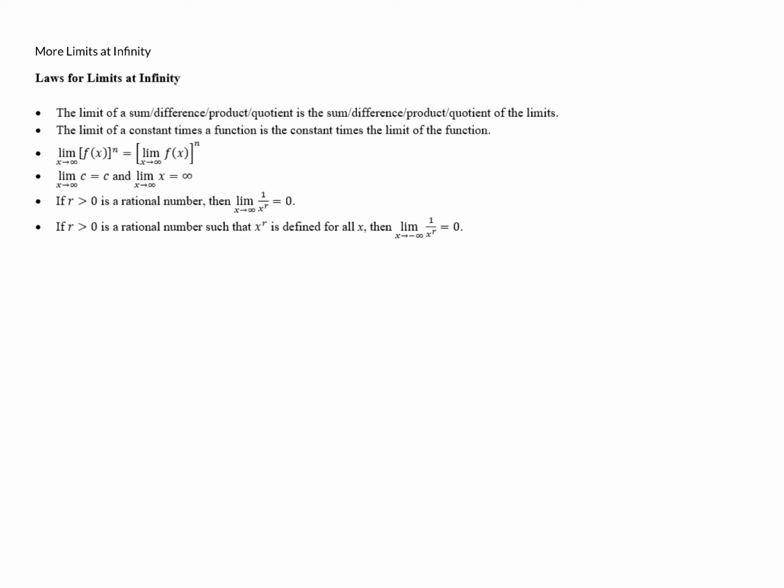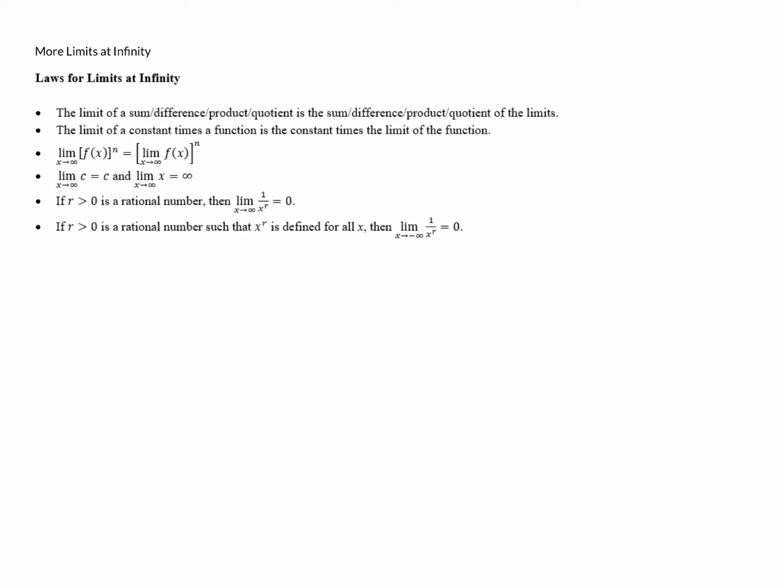Even if r is 1/2, that's 1 over the square root of x. That also has a limit of 0. Same thing with any positive rational value of r. And then similarly, if we want to look at the limit as x approaches negative infinity of a situation like this, the limit is still equal to 0 so long as we choose a rational number such that x to the r is defined for all x.